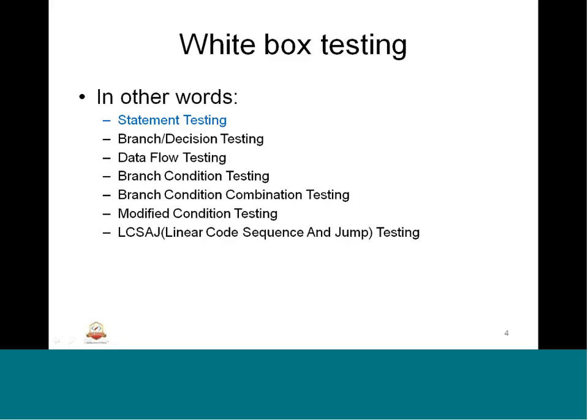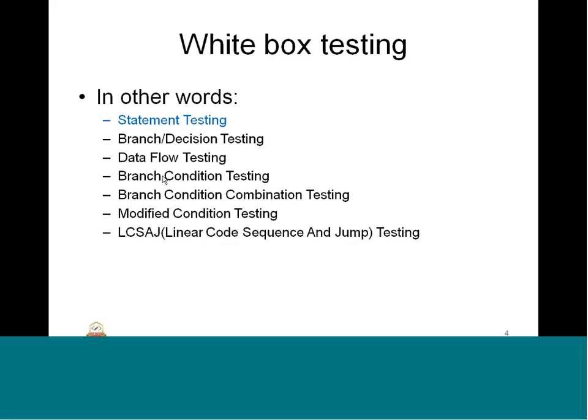All those variables have to be considered in terms of their usage and flow, what values they take. So that is taken care of with the help of data flow testing. The next one is branch condition testing. This is a test case design technique in which test cases are designed to execute branch condition outcomes.